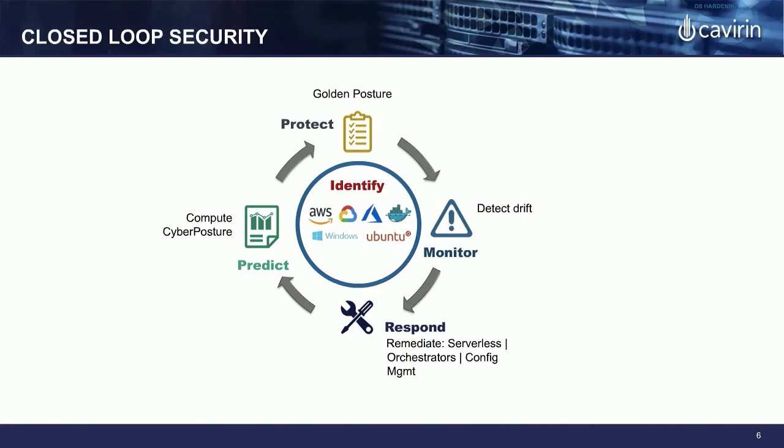So for that purpose, there is a predict step, which is really around computing the cyber posture score. Again, it's just a number between 0 and 100. 100 represents the least amount of risk. And we can compute that on an ongoing basis to help you understand where you stand from a security and compliance posture perspective, and the cycle continues.